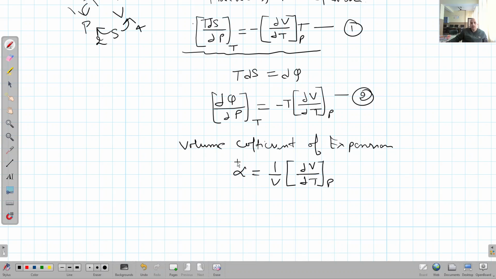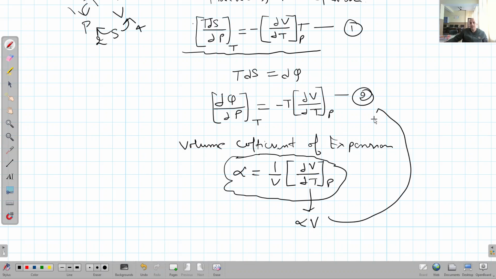Clear? This is from the knowledge of thermodynamics. So here alpha is the volume coefficient of expansion. So obviously ∂V upon ∂T at constant pressure will become alpha V. Clear? So now I am going to put this in this equation.